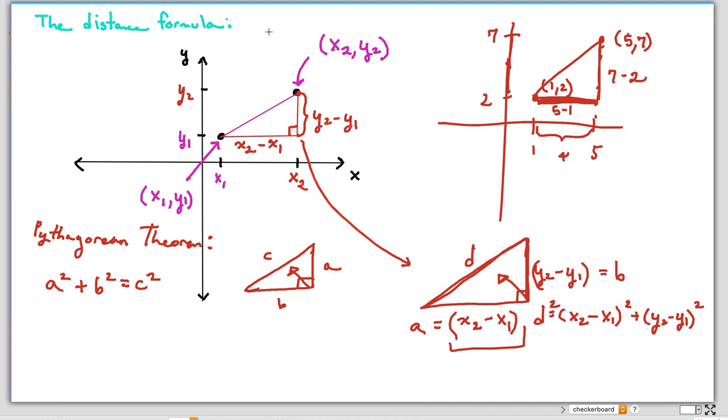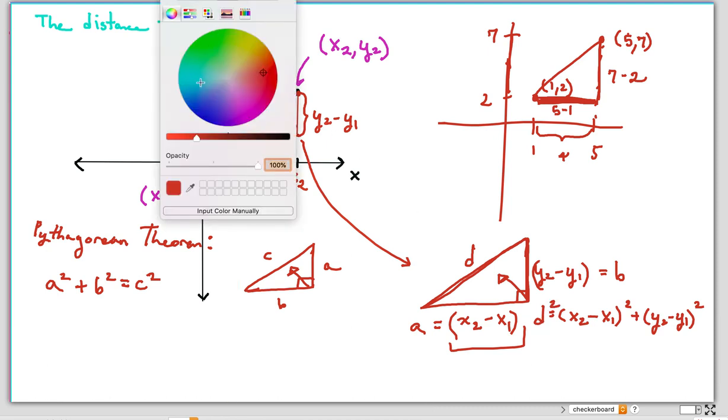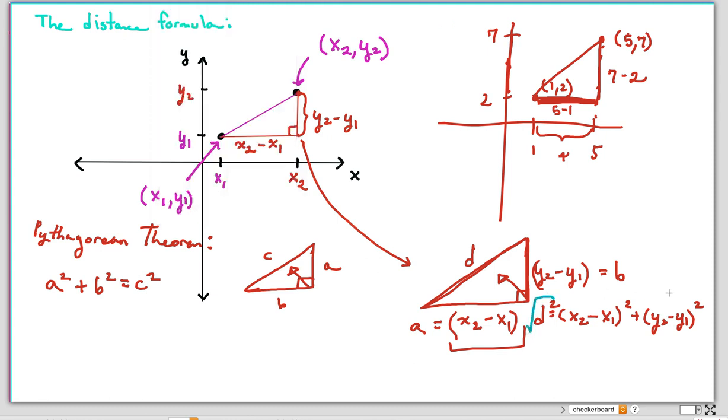Now I don't want the distance squared, I want just the distance. So what I do here is I take the square root of both sides of this equation.